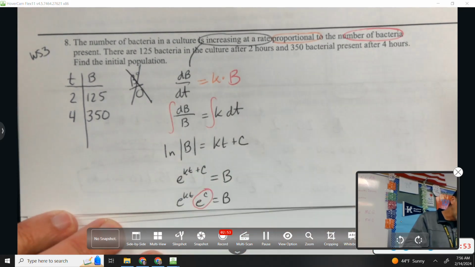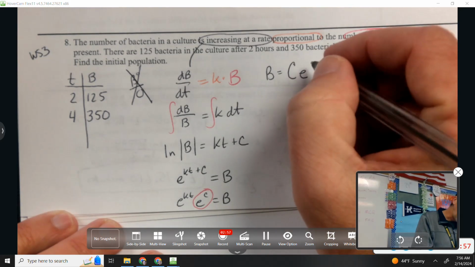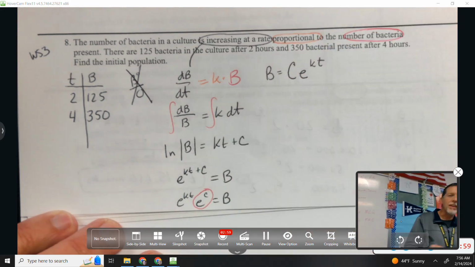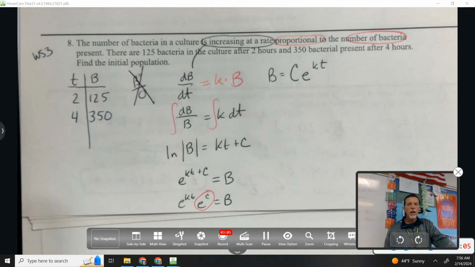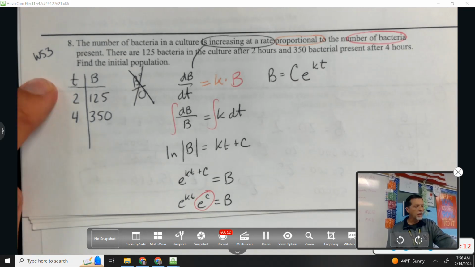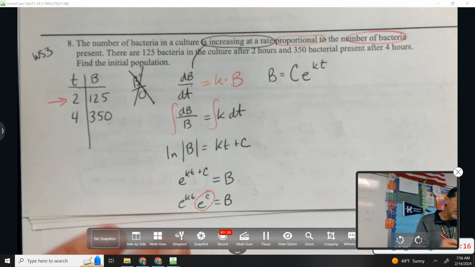But it's what allows us to sort of rewrite this as c e to the kt. Okay, I think my calculus work is over. Now it's algebra time to plug in my conditions and see what we get.